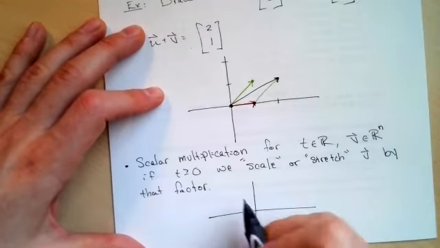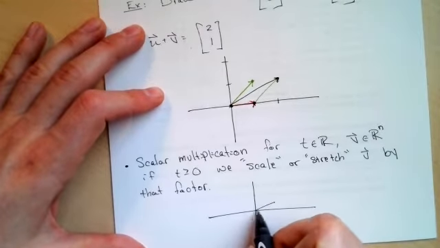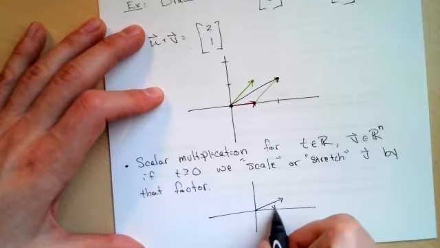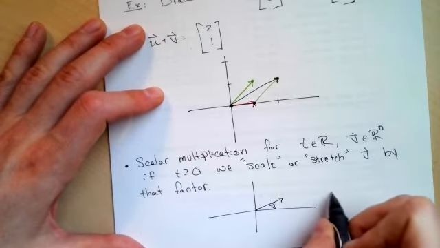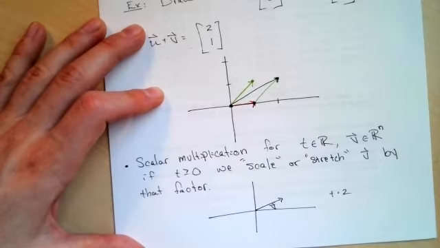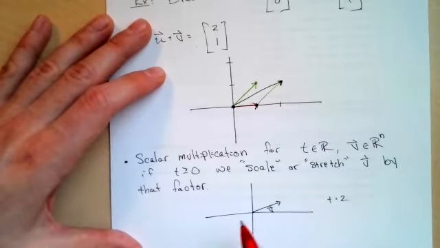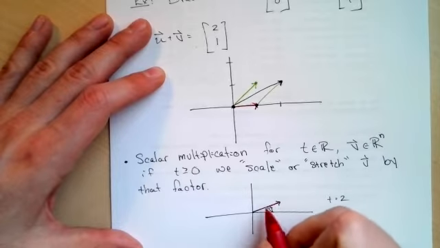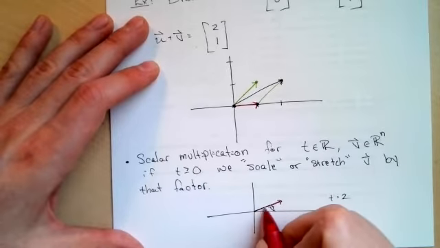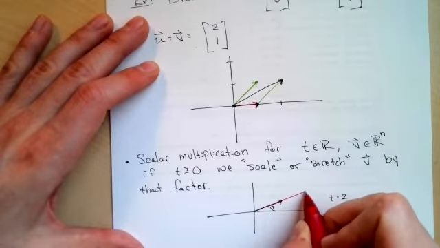So if we have a vector v, and let's say we pick t equal to 2, then we are going to scale the vector, and 2v is just going to be a vector in the same direction, just twice as long.